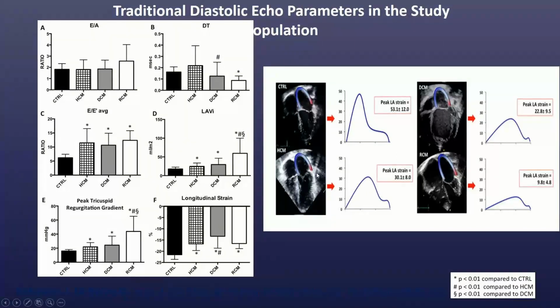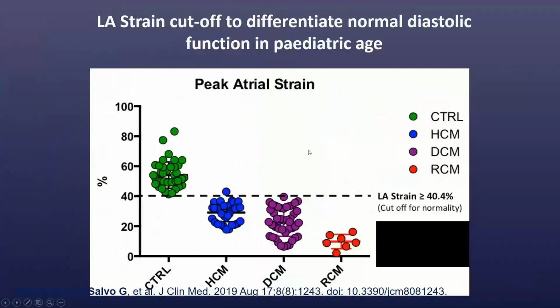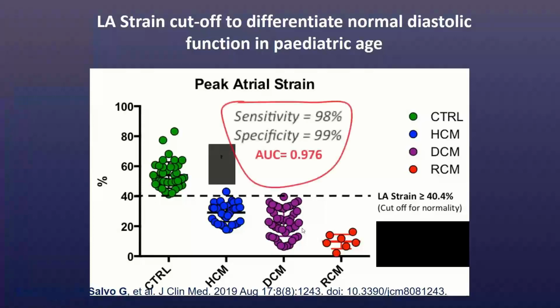So it seems that this parameter could be of help, at least for a clear discrimination between controls and cardiomyopathy patients, and it seems also to be of help to better stratify in a non-invasive way diastolic dysfunction in young cardiomyopathy patients.